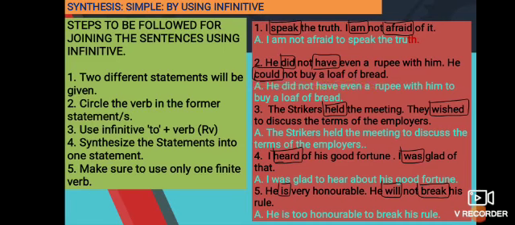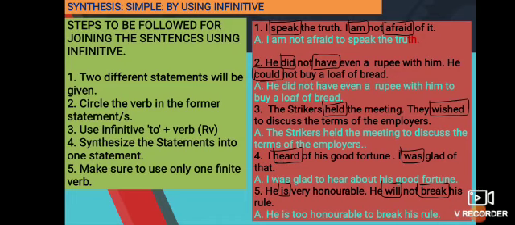Now this is the same he, so I'll cut he, but it's infinitive. A slight alteration comes. Instead of changing the verb in the first, we'll change the verb in the latter part. So it will be: He did not have even a rupee with him to buy a loaf of bread.